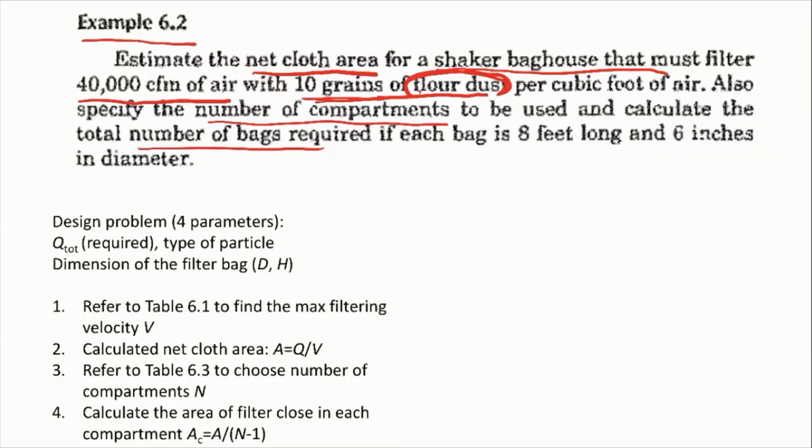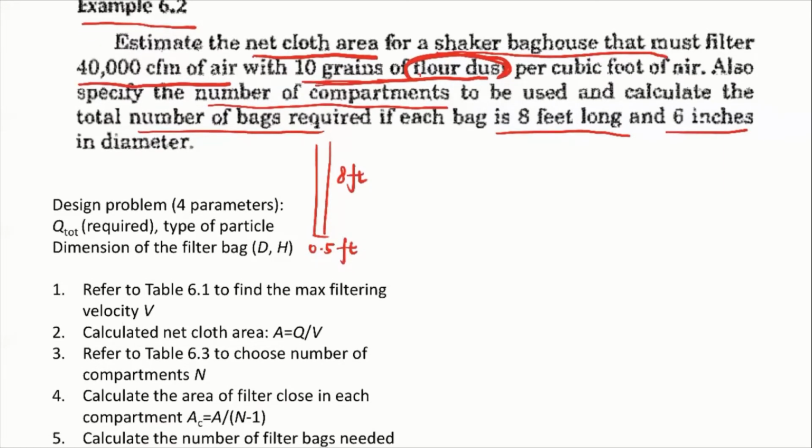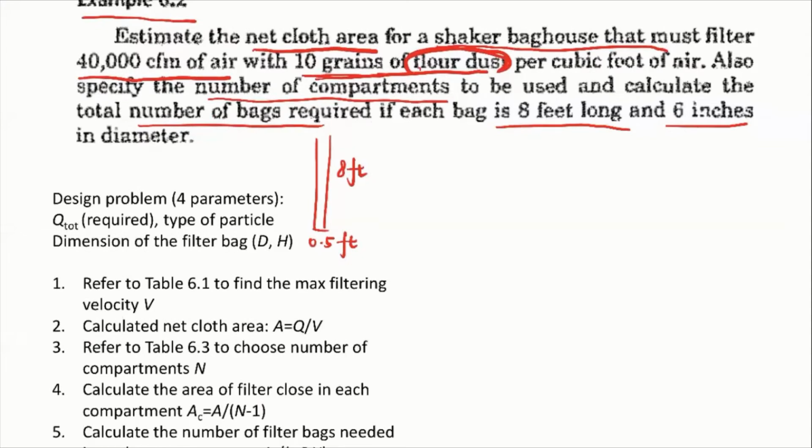So let's assume that each bag is 8 feet long and 6 inches in diameter. Okay, so it has basically 8 feet of height and 0.5 feet of diameter, right? So how do we tackle this problem?